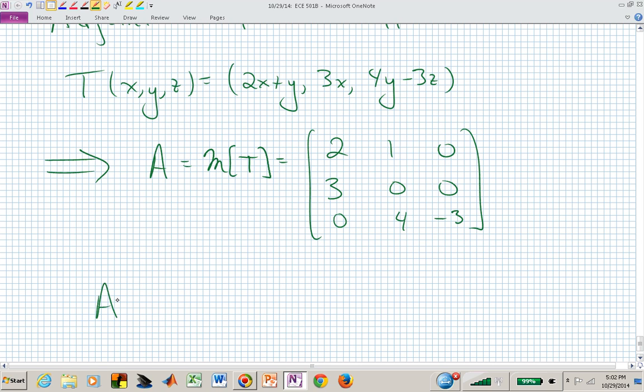Now we have A star, or I'm sorry, transpose, which maybe I would just shorthand A dagger.